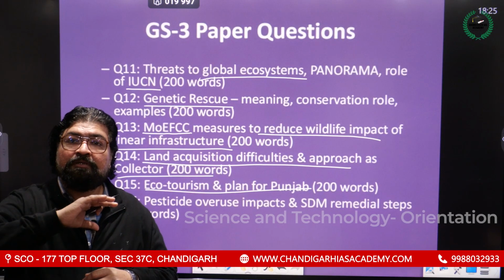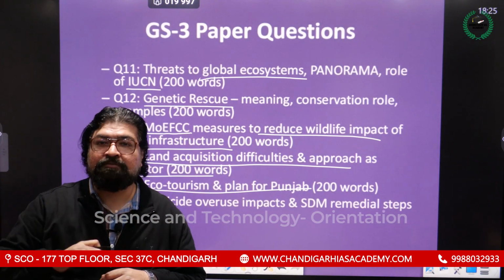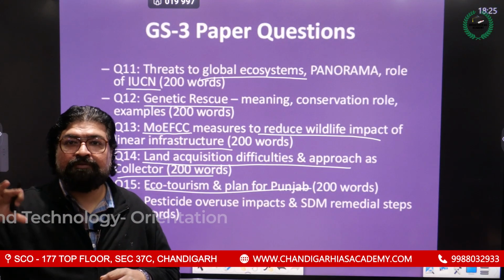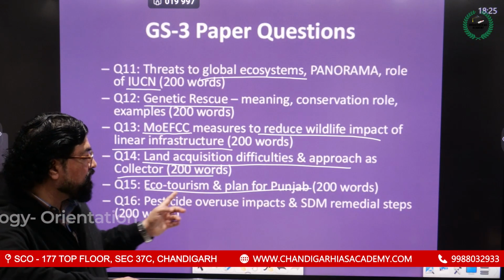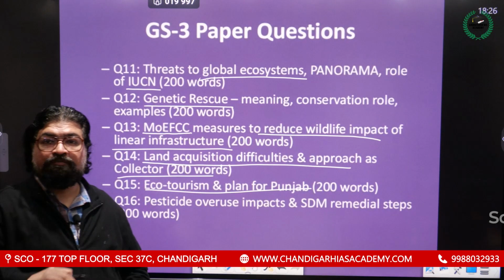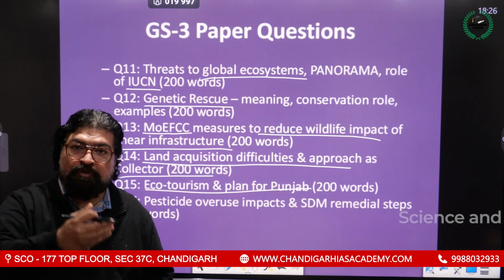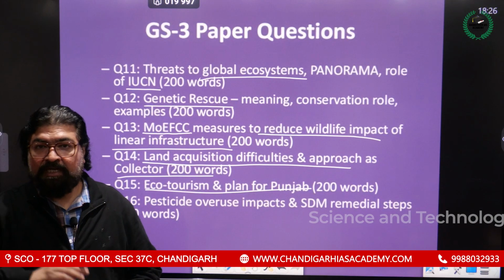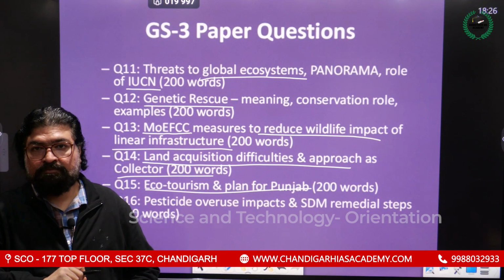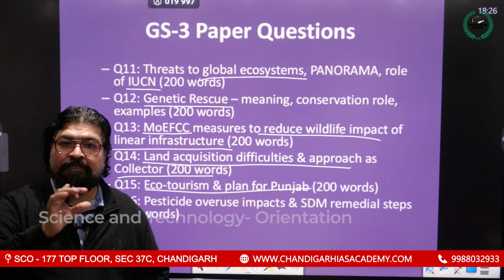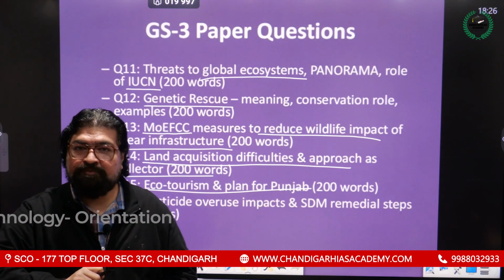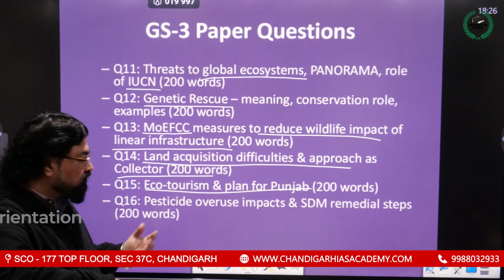So Punjab, in the case of wildlife conservation and the environment, forest, that becomes very, very important. The ecotourism, and again sustainable tourism, which supports the livelihood of the people of that area. At the same time, it also looks into wildlife conservation, like ESZ, eco-sensitive zone, and other types of plans of the state government and also the central government.